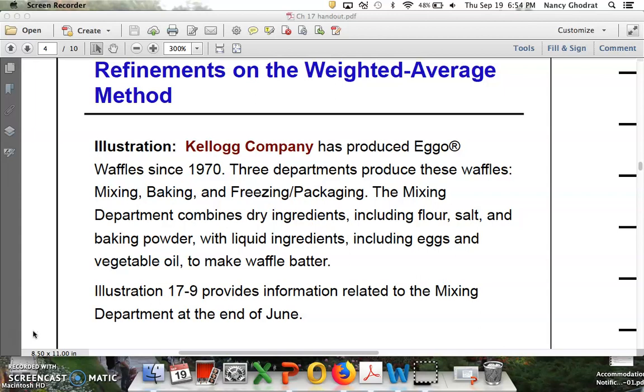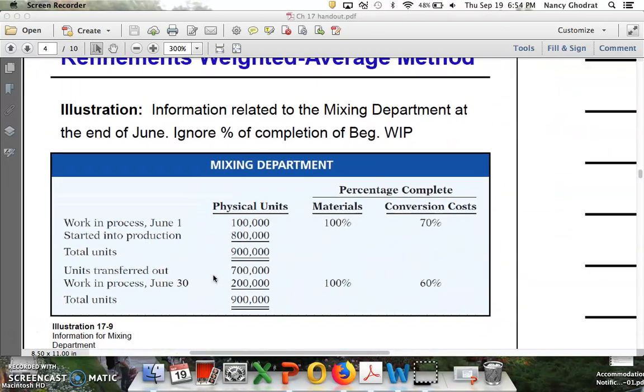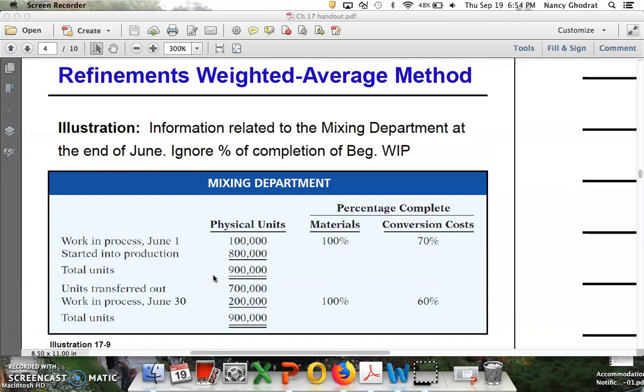How do they make the batter? The information for the month of June is given to us. So they have told us that as of the beginning of June, they had 100,000 waffle units that were not finished. And during the month of June, they started 800,000 waffles.